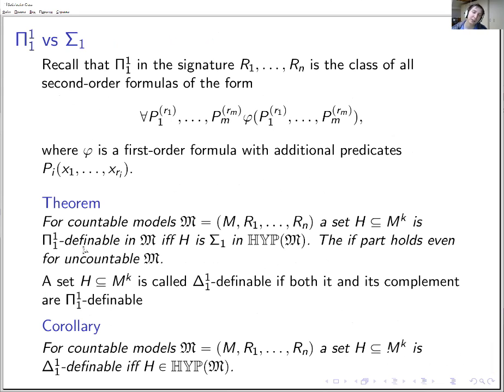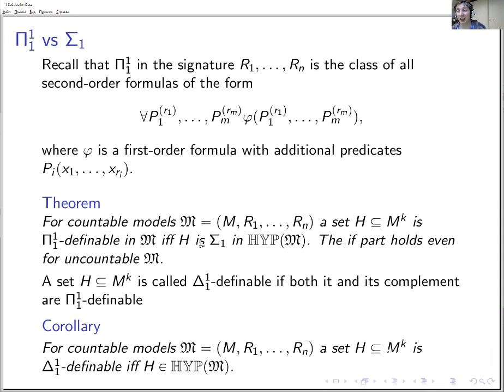So in Pi 1 formulas we could quantify over all countable models of KPU plus over the model M, as long as the model has the same cardinality as M. So we could say that something holds for all models of KPU plus over M.